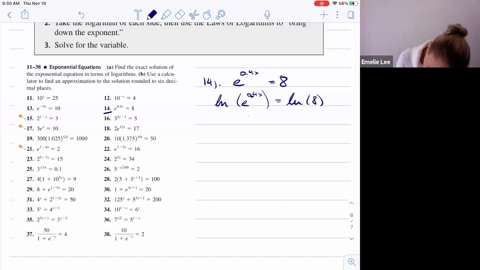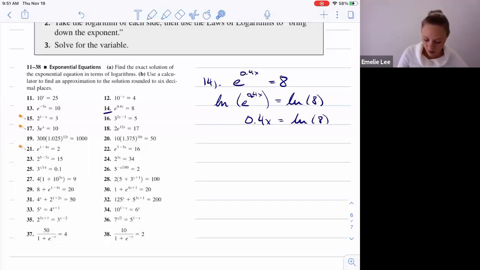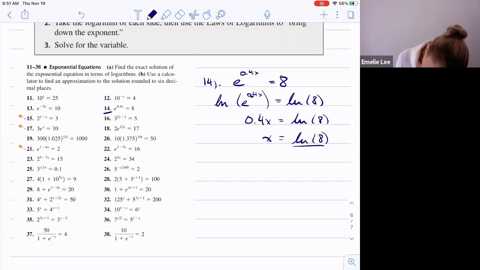So this becomes 0.4x is ln of 8. Solving for x, I have to divide both sides by 0.4 to get x on its own. So I get x is the ln of 8 divided by 0.4. This is the exact answer.